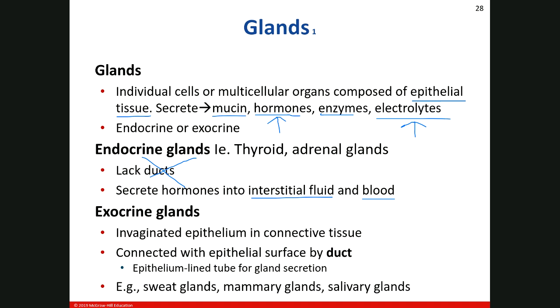Okay? And then exocrine glands, they do have a duct. Okay? So that's nice because whatever the secretions are, it can dump those secretions into the duct, and then that duct will carry the secretions to wherever. If it's a sweat gland, it'll carry it to the surface of your skin. All right. If it's a salivary gland, it'll carry it into your mouth. Okay. So that's what we're going to see. Now, here's something that you need to know.